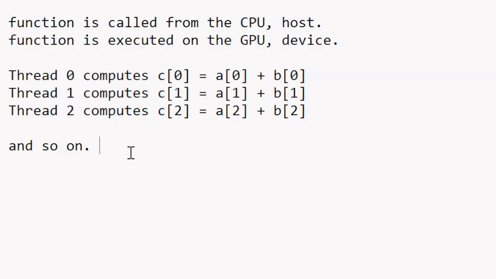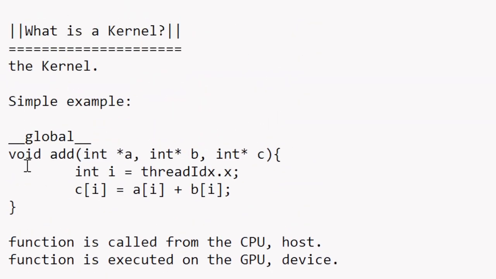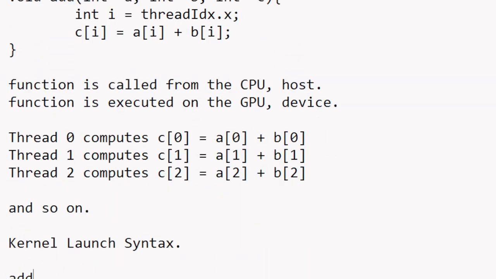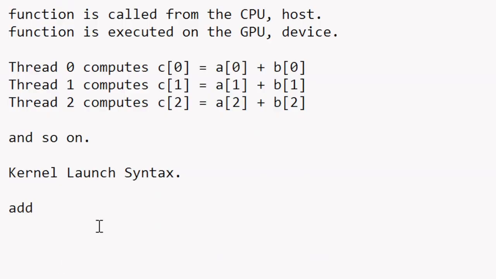Now let us talk a little bit more about kernel launch syntax, how we launch a kernel. The syntax looks a little unusual. This is the name of the function, and you put these three angle brackets with one number, comma, 256, closing angle brackets, and then the three arguments.